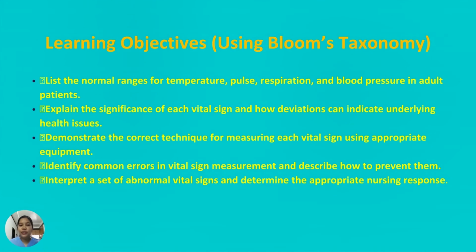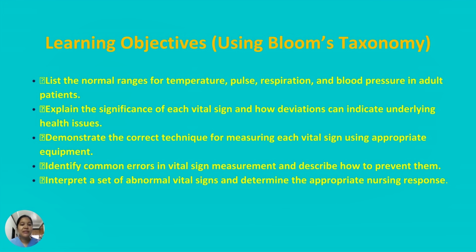Monitoring vital signs is a foundational clinical skill that directly impacts patient safety and care outcomes. Using Bloom's taxonomy, our learning objectives will be: list the normal ranges for temperature, pulse, respiration, and blood pressure in adult patients.